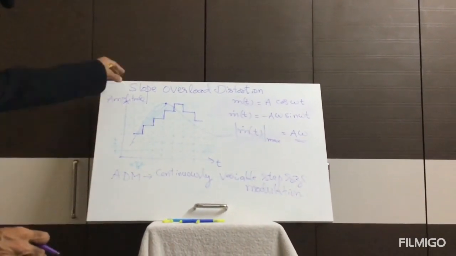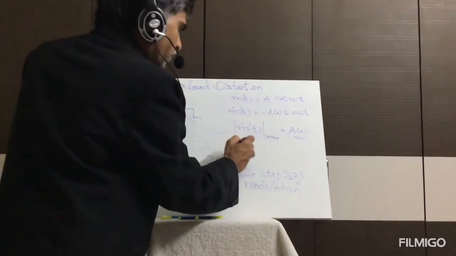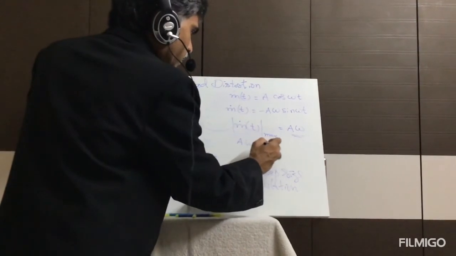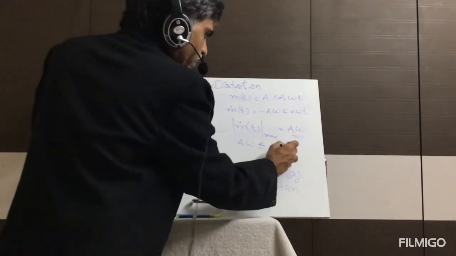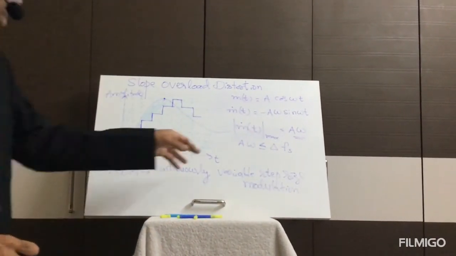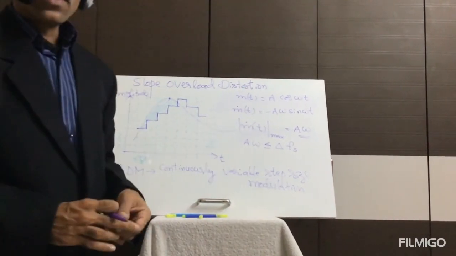So the condition to overcome this slope overload distortion is that this maximum value, that is A omega, must be less than or equal to delta, that is the step size, into the sampling frequency fs. As long as this condition gets satisfied, you can overcome this slope overload distortion.